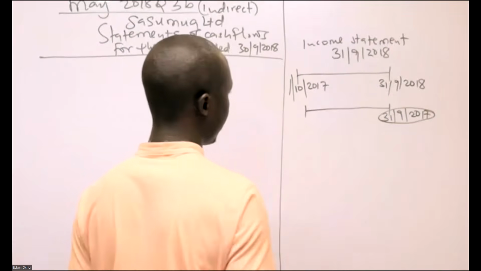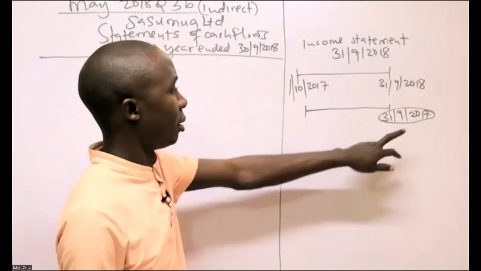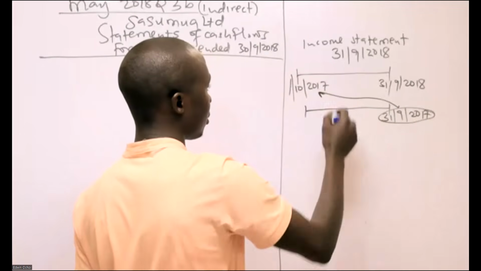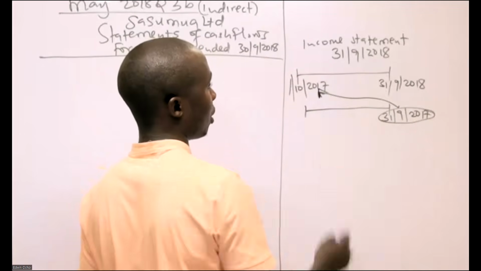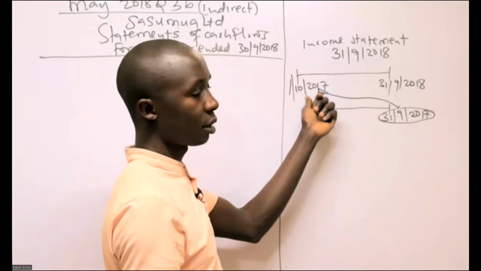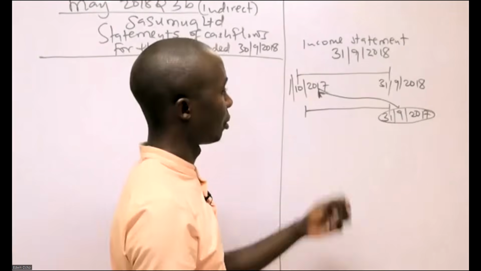Meaning that the statements of the previous year are opening here in the current year, because once you move from 30th September, you move to 1st October.